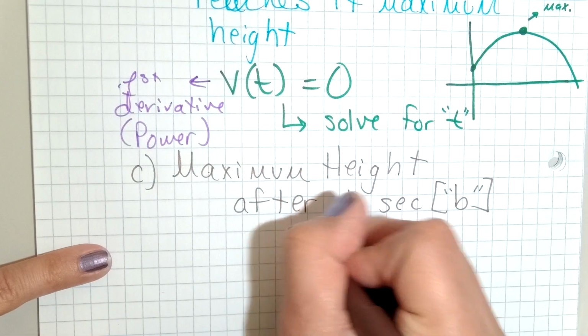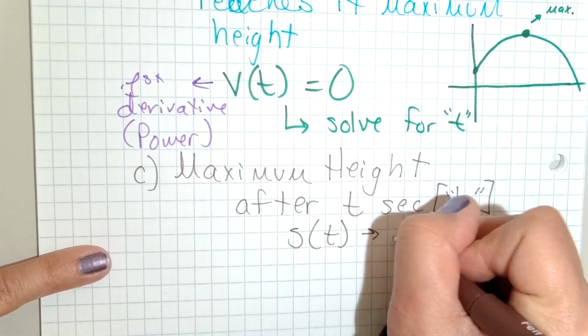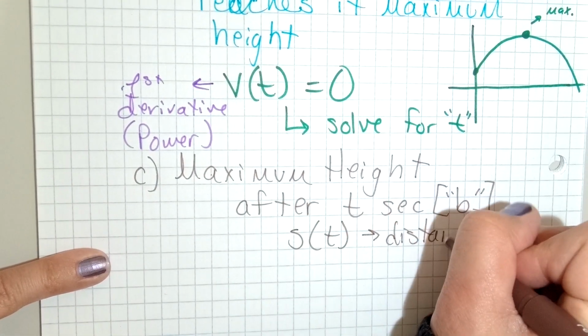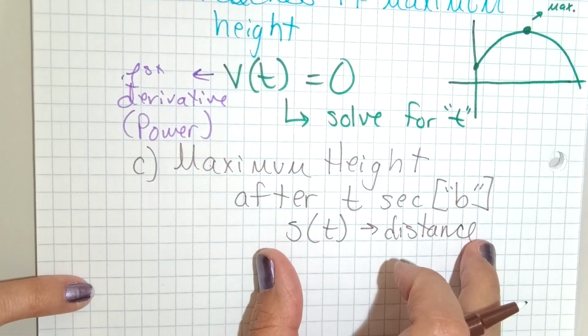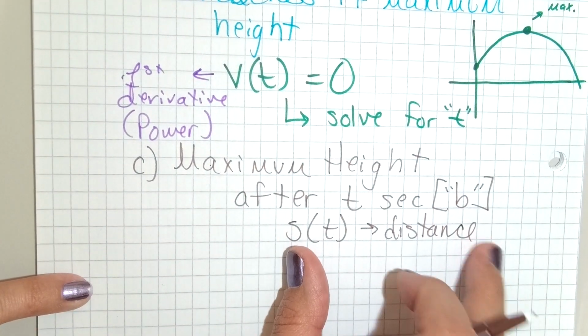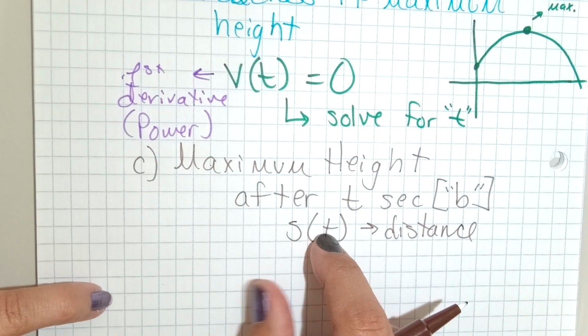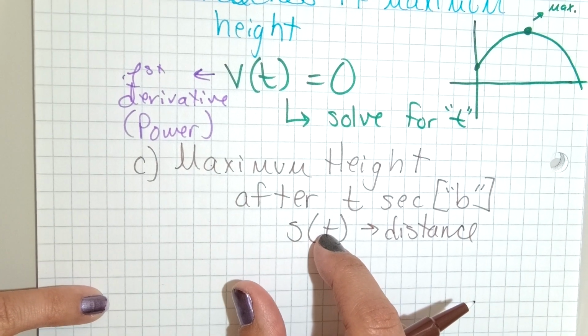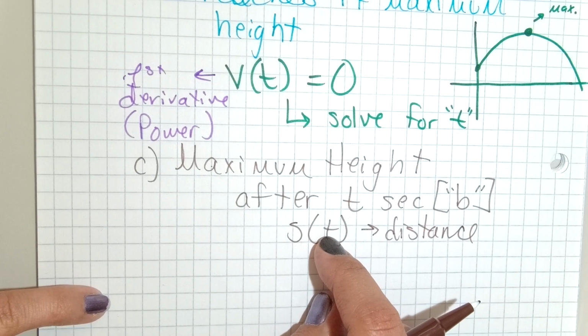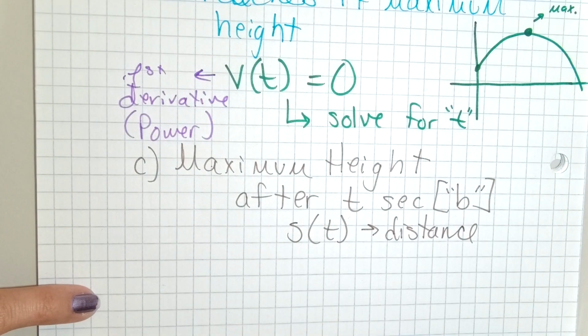So we need to make sure that we're using the correct thing to substitute. So we're going to use s of t, so our original function. Keep in mind, it's not always going to be s of t. It's not always going to be f of x. It's not always going to be y. You have to make sure that you understand that each problem may have different notation, but follow the notation that it has.